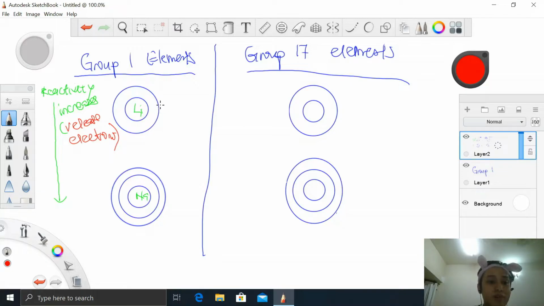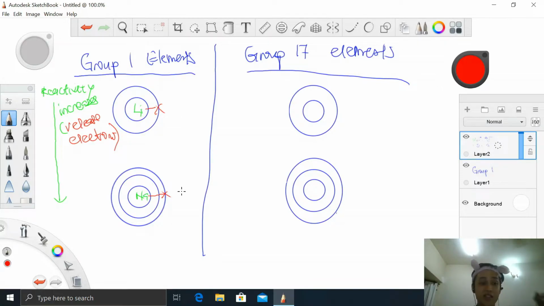So it depends on where is the valence electron. Alright, so in this case here the valence electron is nearer to the nucleus. So the attractive force here is slightly stronger. So slightly more difficult to release the electron here. Whereas in the case of sodium, alright, the valence electron is further away from the nucleus.